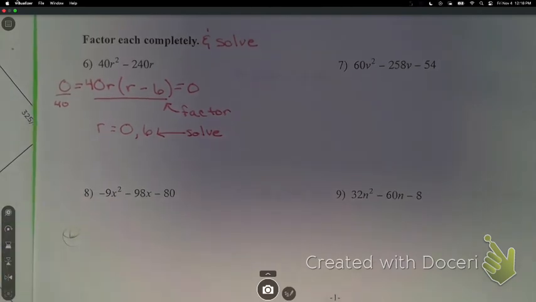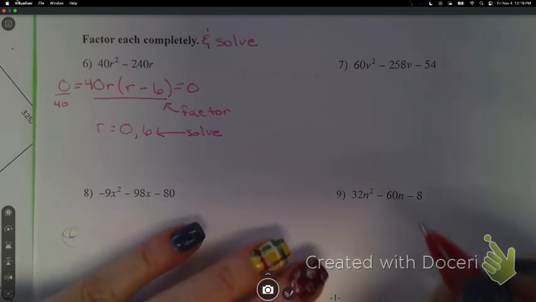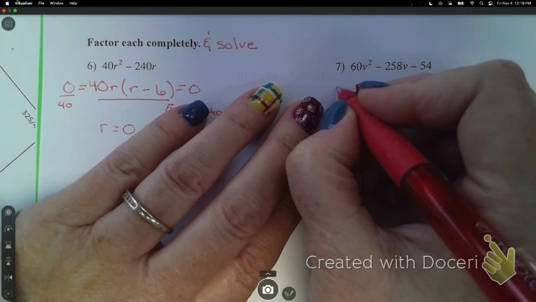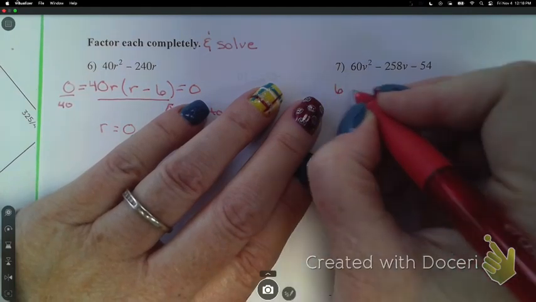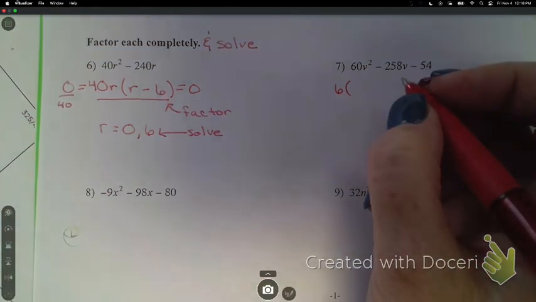Number 7, 60v squared minus 258v minus 54. You think 6 goes in there? Yeah, because 6 goes into 25, 4, carry a 1, and then yeah. Okay, so 6, and can I do a v? No. So what do I get?